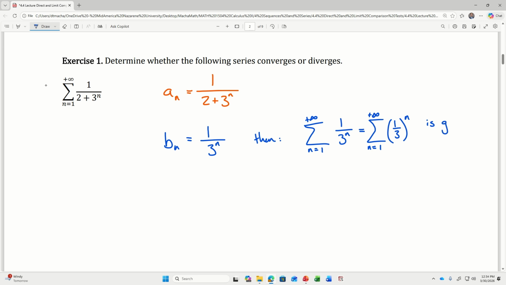The geometric series is the series where all the terms look like r to the power n. And the geometric series converges as long as the absolute value of r is less than 1. In this case, r is 1/3, and 1/3 is less than 1, so it converges.